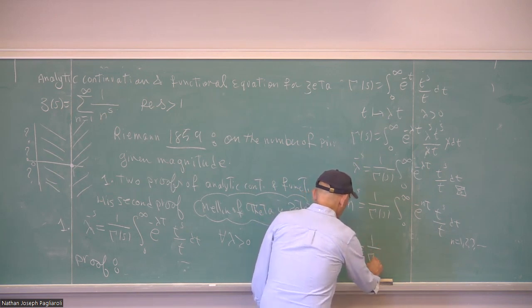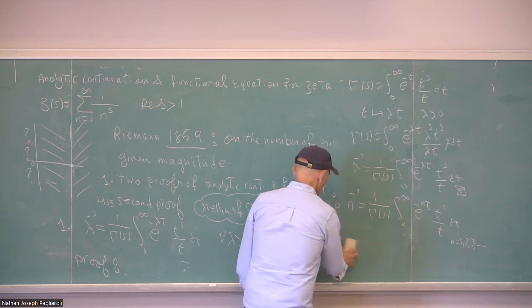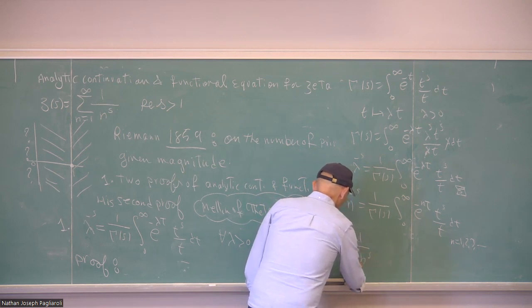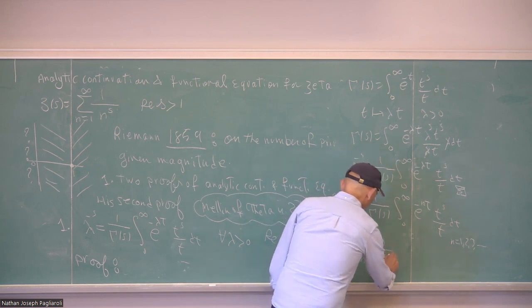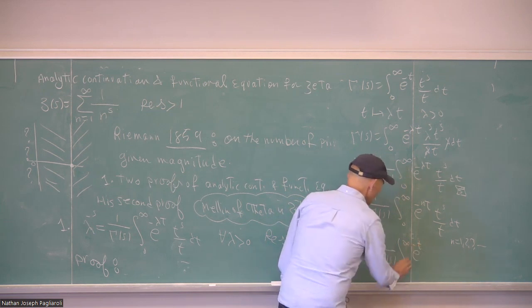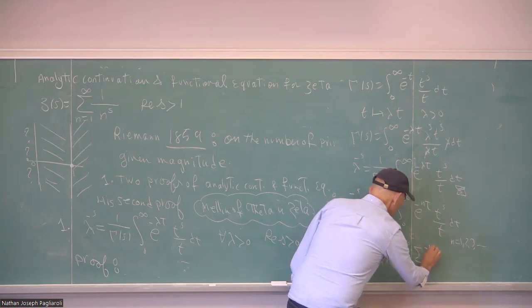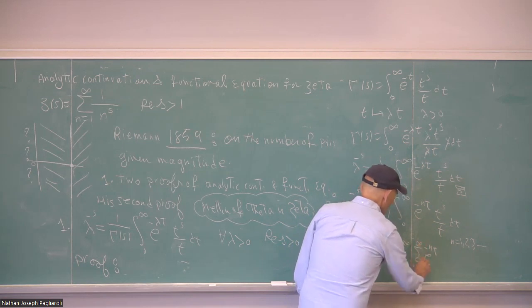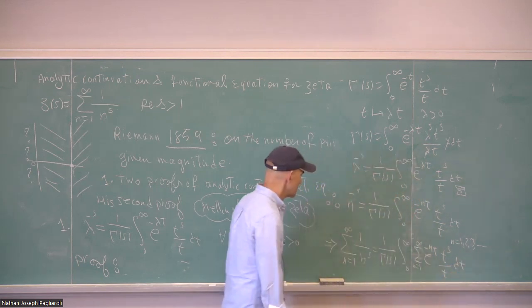Let me still write it like this: sum 1 over n to the s, n from 1 to infinity, equal to 1 over gamma of s, integral 0 to infinity, sum of e to the minus nt, n from 1 to infinity, t to the s over t dt, right? You see that?